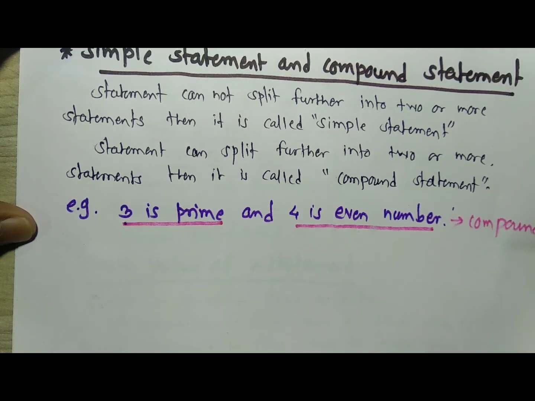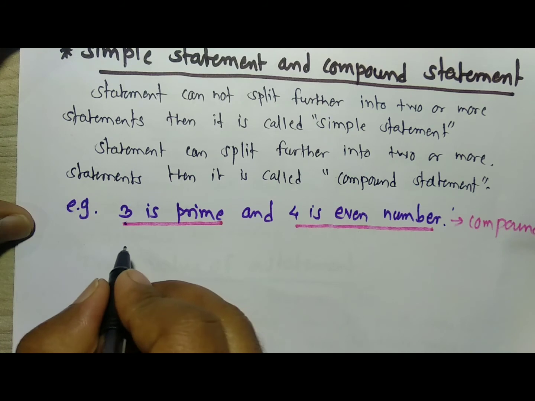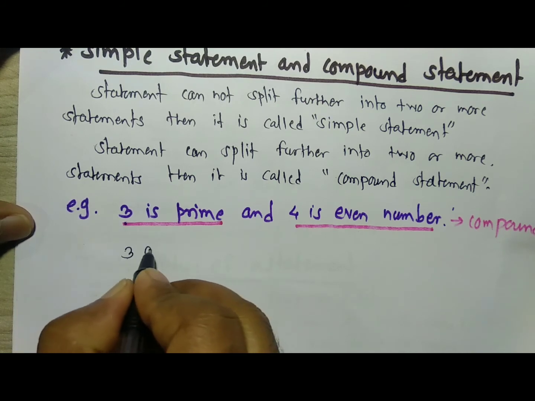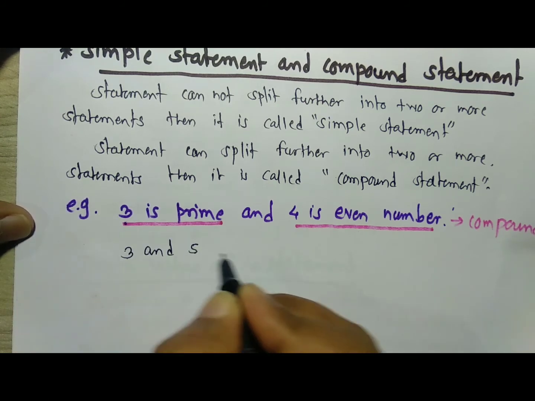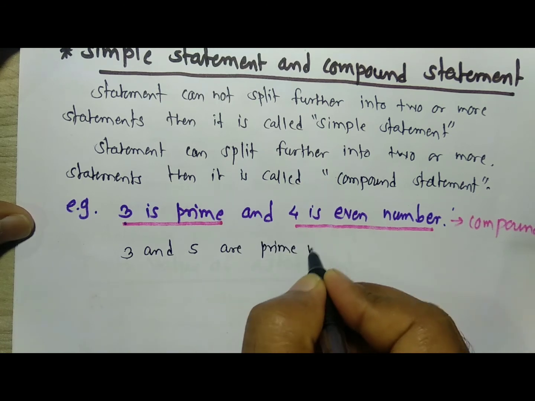Now let us look at another example: 3 and 5 are prime numbers.